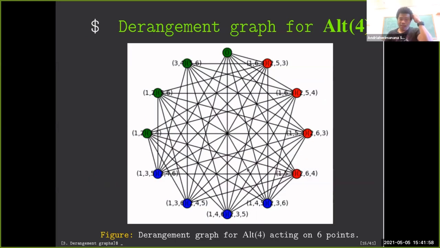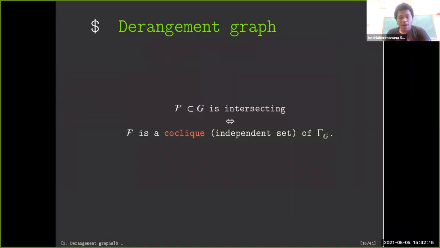And this is the derangement graph of the group Alt(4) of degree 6 that we saw earlier. And just notice here that this graph is a complete tripartite graph. So why are we interested in the derangement graph? Because of the way the edges of the derangement graph are defined, this is what happens.